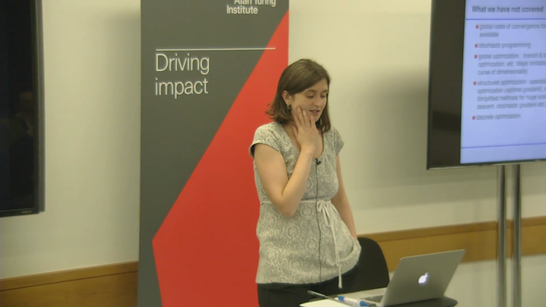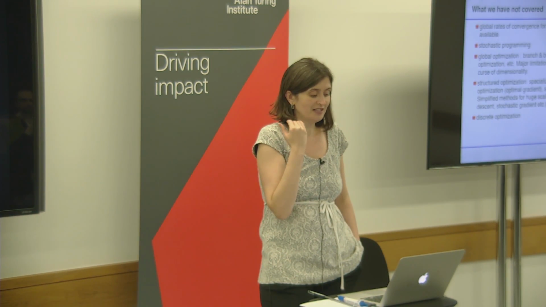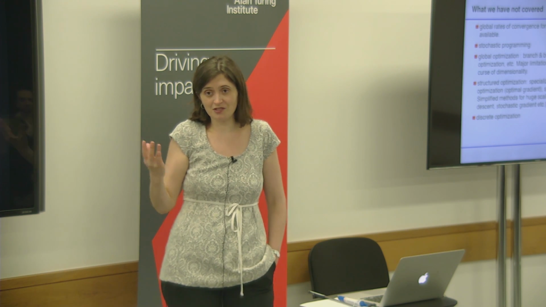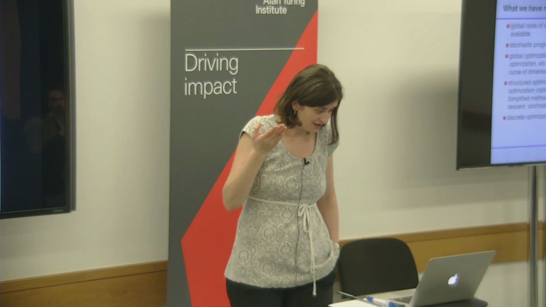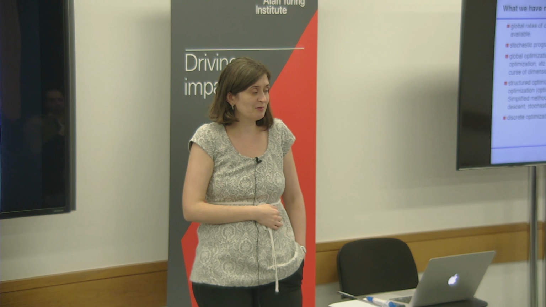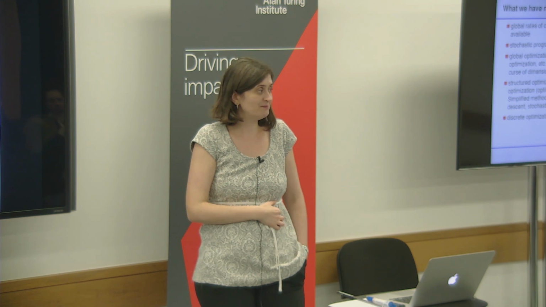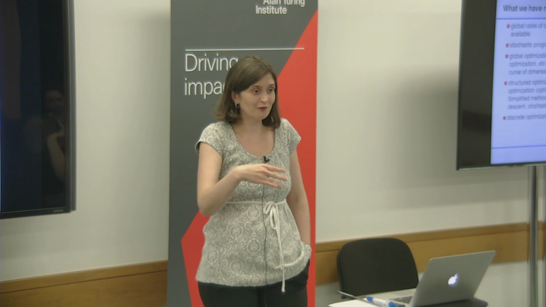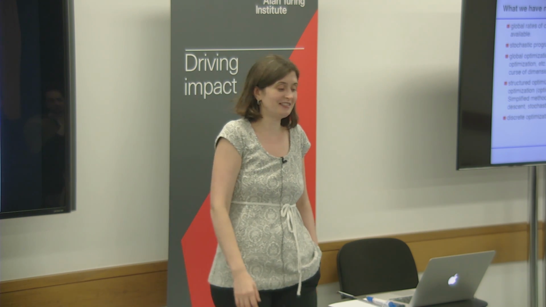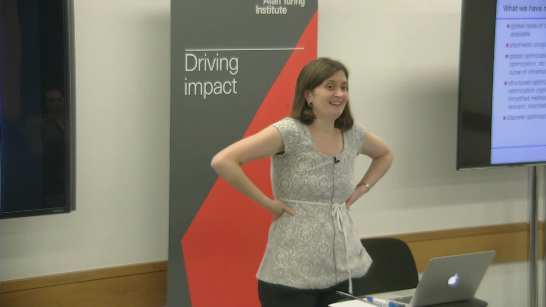So now with machine learning moving so much towards deep neural networks, there is a renewed interest in non-convex optimization, and I think it's time for old and new ideas to come together. Okay, thank you for your attention.